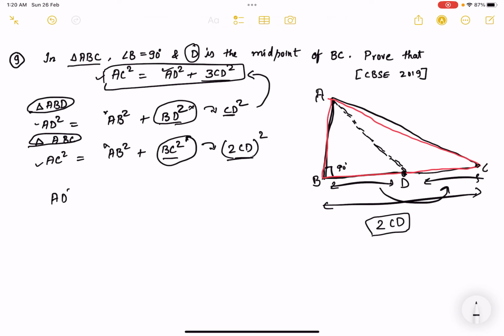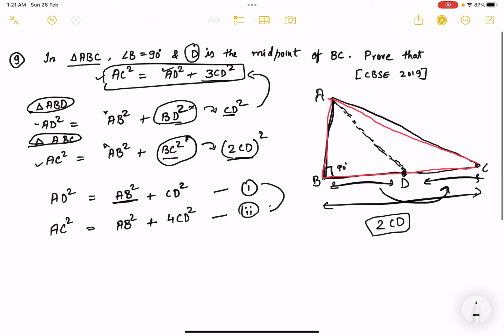So we have AD square is equal to AB square plus CD square. This is our equation number 1. And then we have AC square is equal to AB square plus 4CD square. This is equation number 2. Now we can substitute the value of AB square from equation 1 in equation 2.